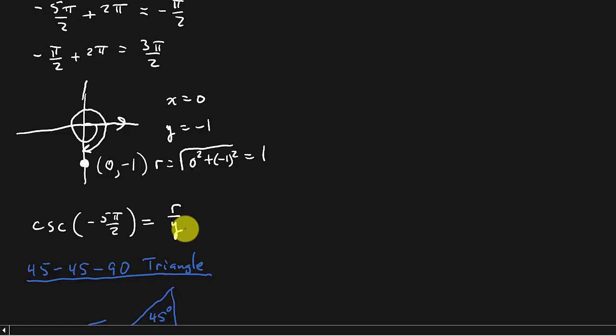They're reciprocals of each other. Remember, sine alpha is y over r, so we know cosecant is the reciprocal of that, which is r over y. And so that's going to be 1 over negative 1, which is negative 1. And there's your answer.